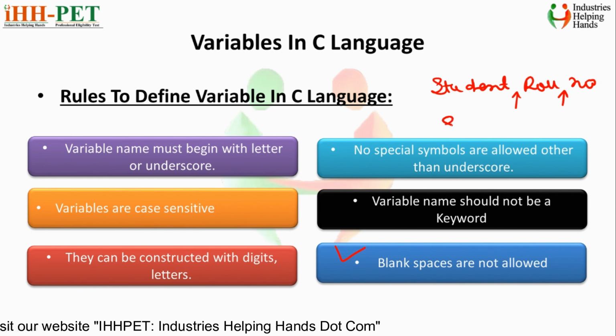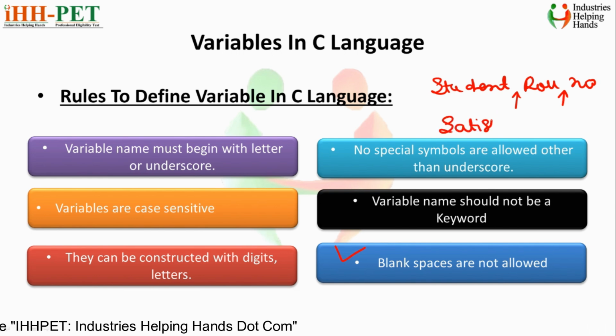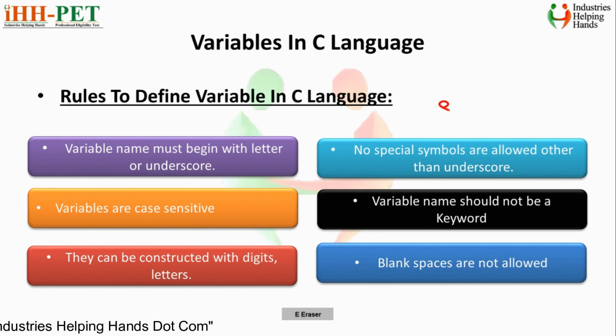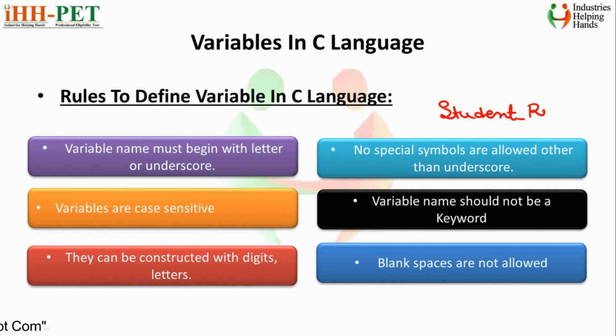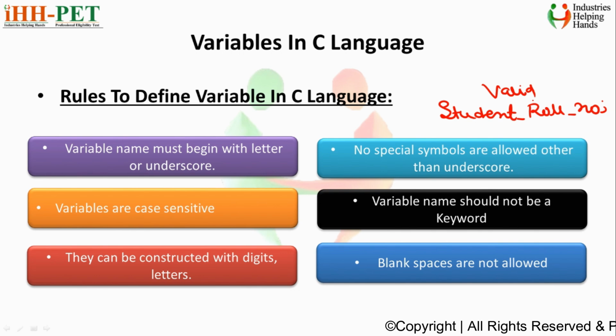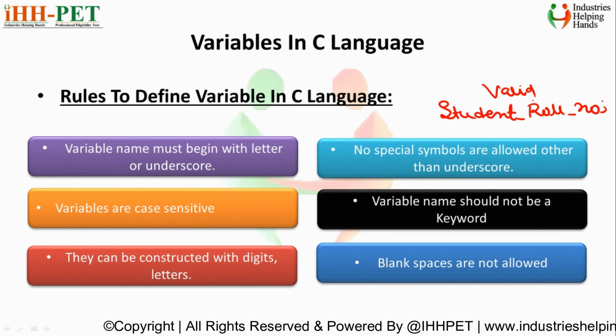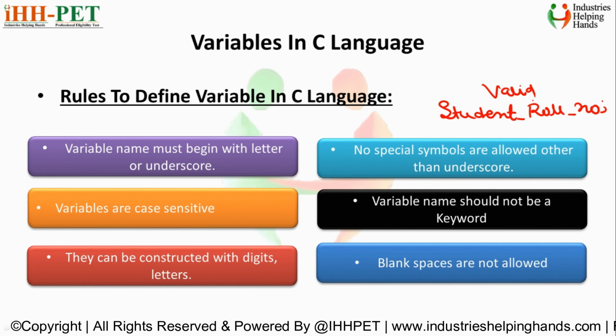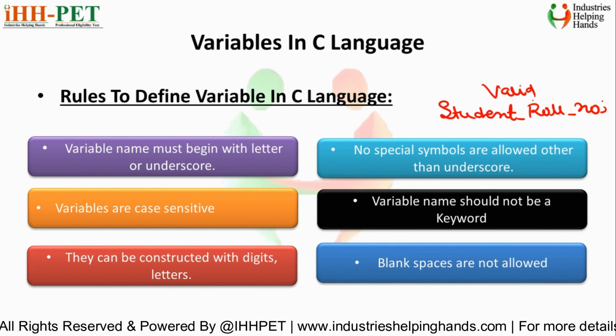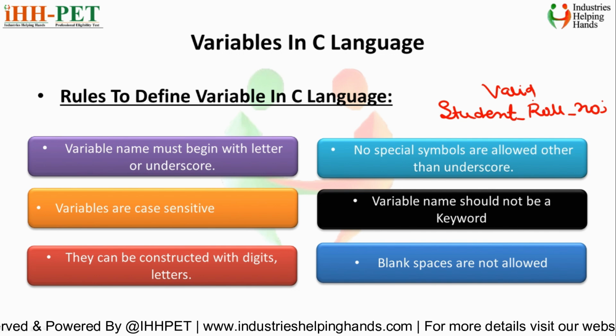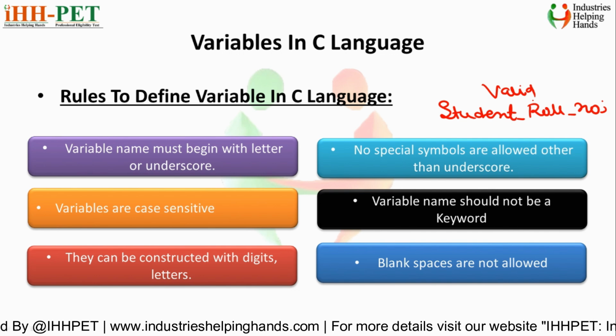You can write it like this: Satish, or student underscore roll underscore number. This is a valid variable. Okay, is it clear? Now I'm switching to the next slide.